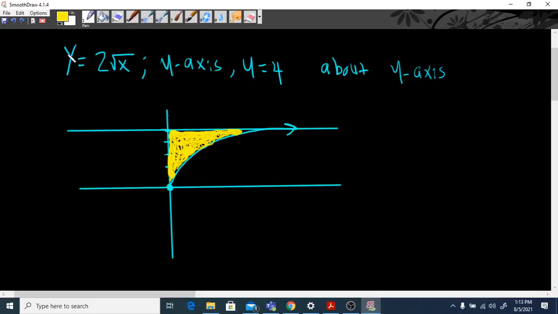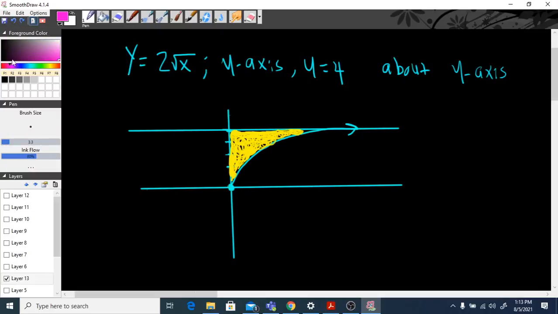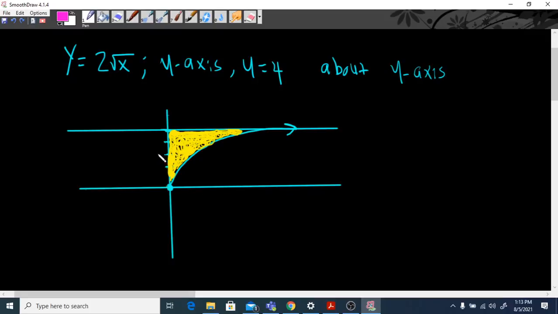Okay, so basically what's happening is, if I consider any one of these, just any value in the world, right? If I make this segment and then rotate this segment around, then this thing becomes a radius, okay?